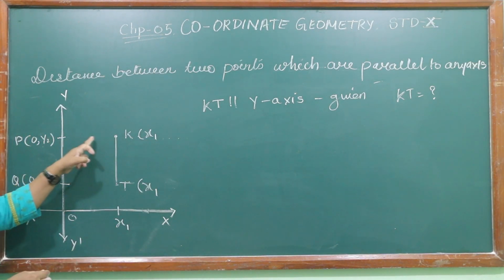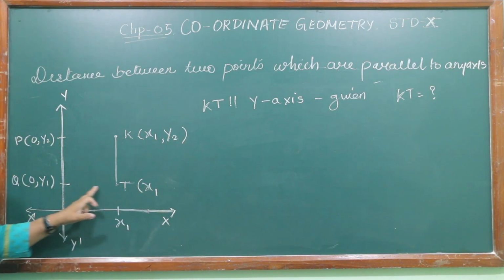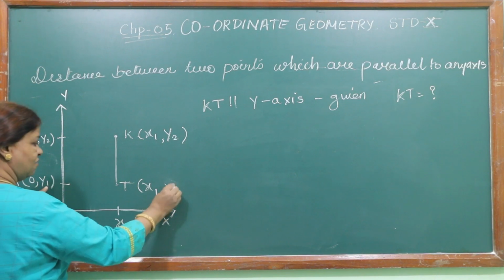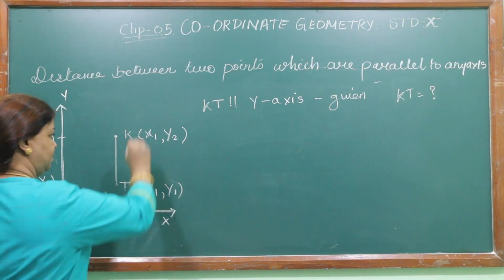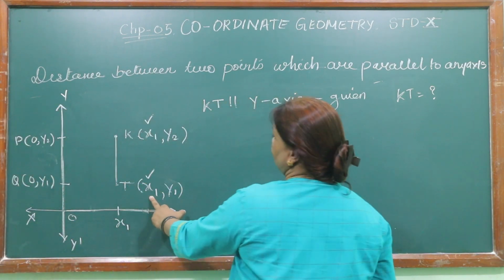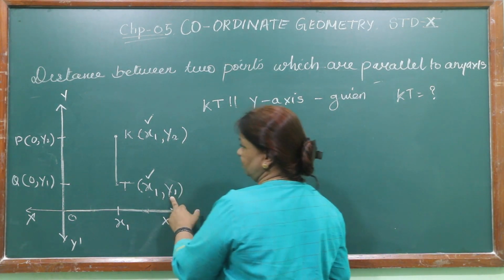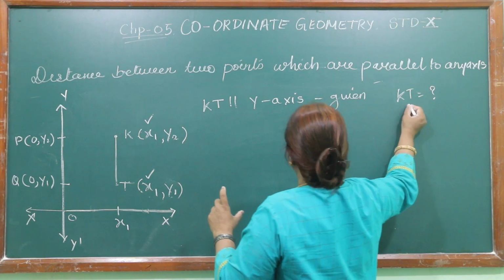Y coordinate will be y2, and in this case, y coordinate will be y1. So x coordinates are same, x1, but y coordinates are different. And we want to find out length KT.